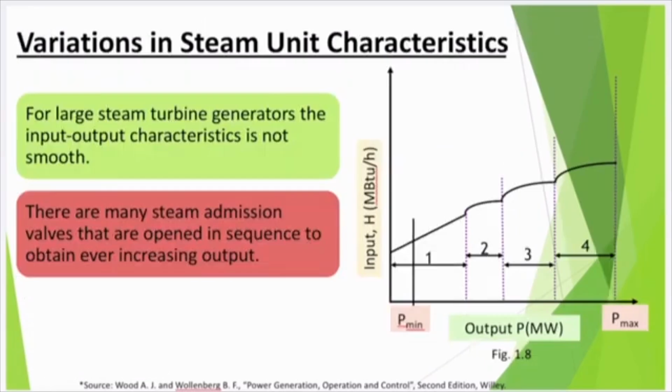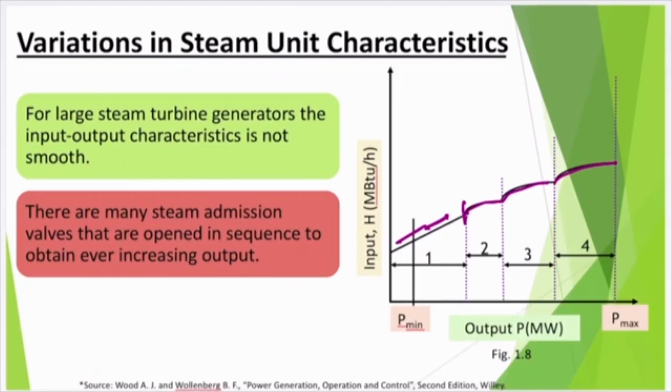Now, if you look into the characteristics of multiple steam turbines or steam units, what happens is the characteristic keeps changing, that is my linear characteristic, and the linear characteristic further jumps to another level, and then jumps to another level.